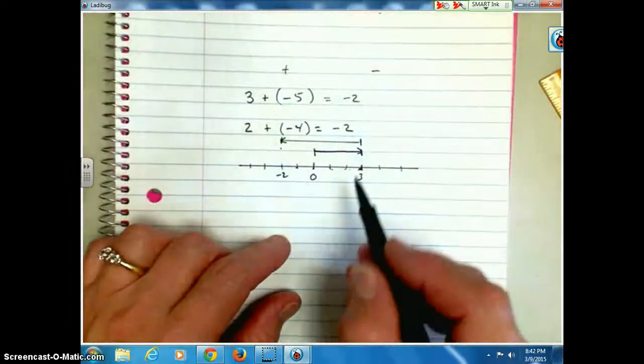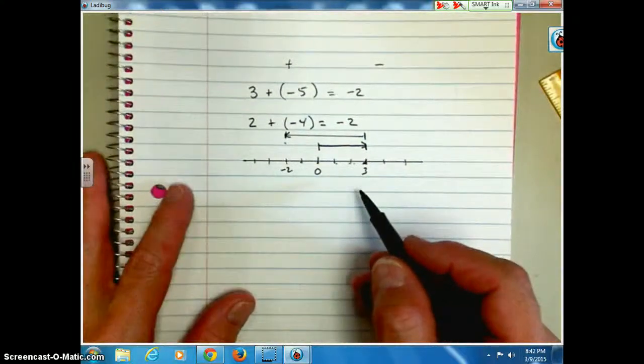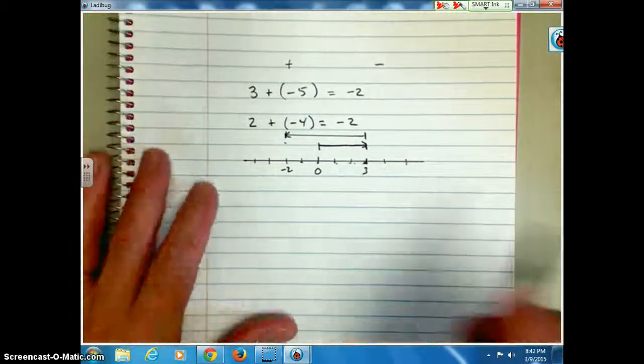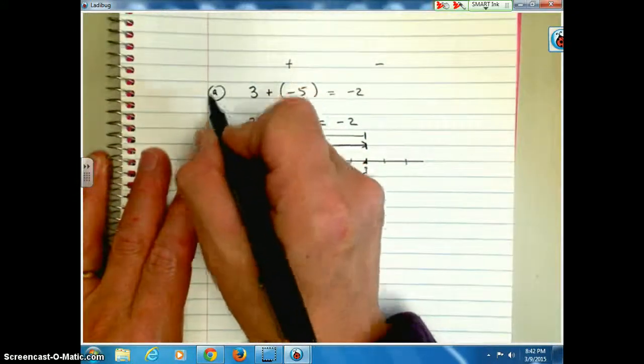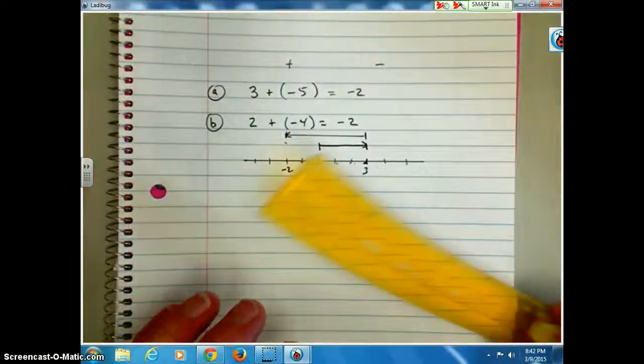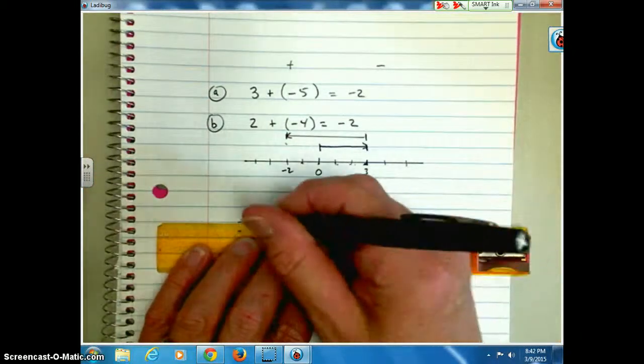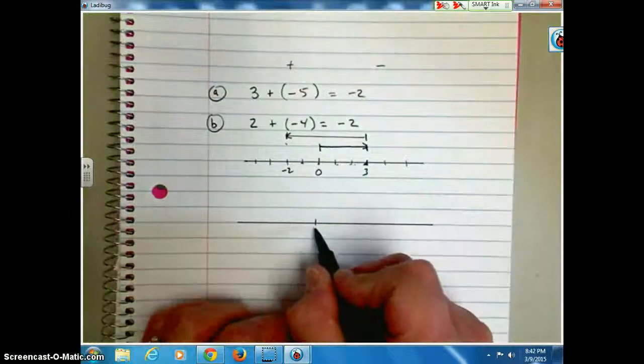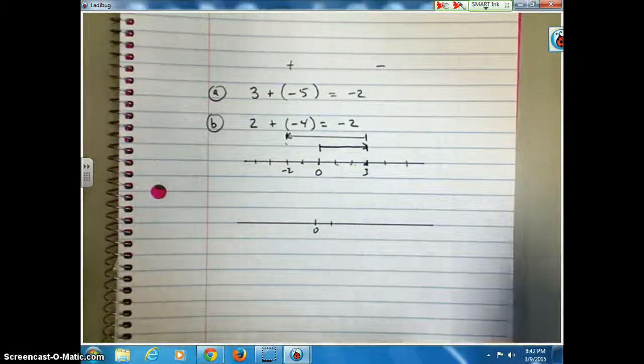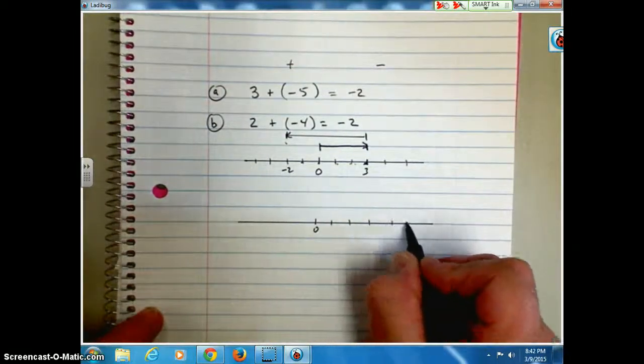Again, same thing as we did when we had our chips. We're going to call this problem letter A and problem letter B. If we have the same example for problem B, again, we draw our number line and start with 0, and our numbers are small, so we don't need to make our number line too big.